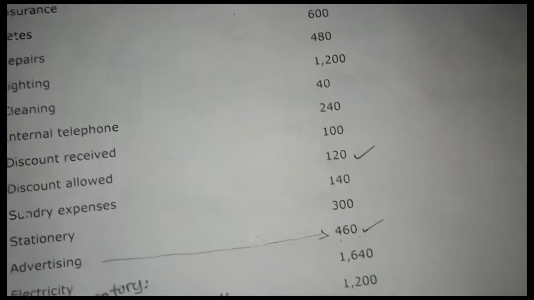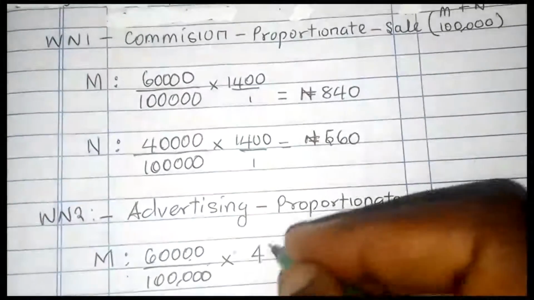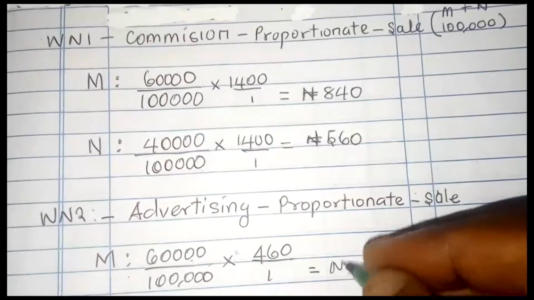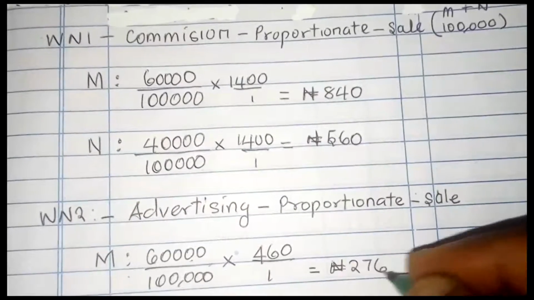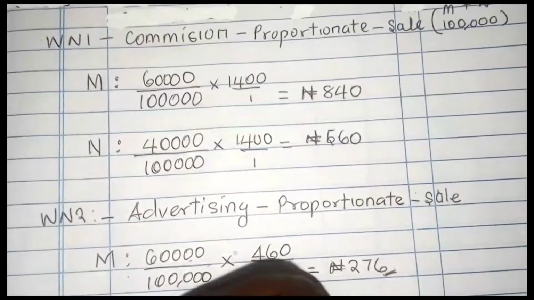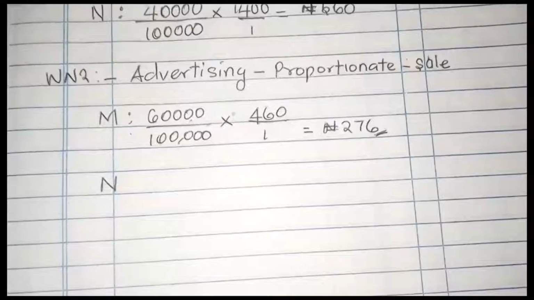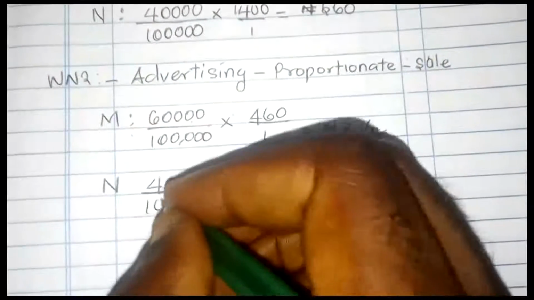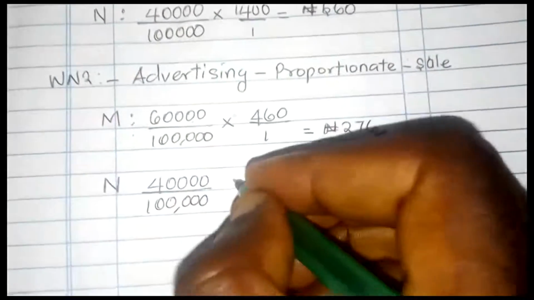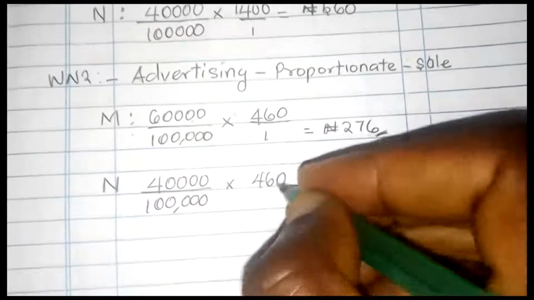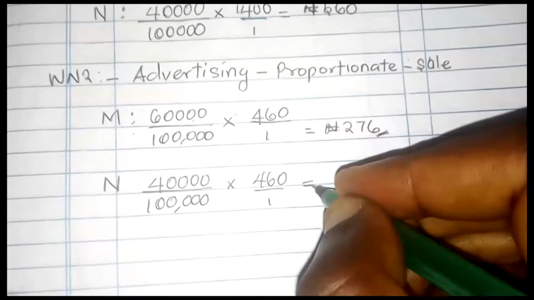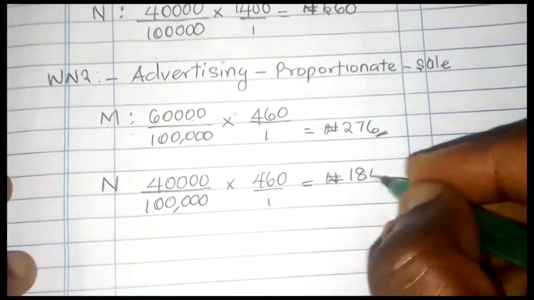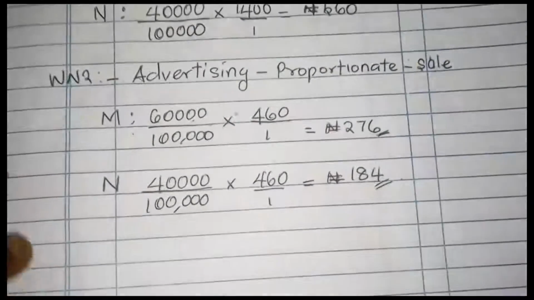Students should take note of that. This will give you 276. Then for department N, we have 40,000 over 100,000 multiplied by 460. If you pick up your calculator, it gives you 184.